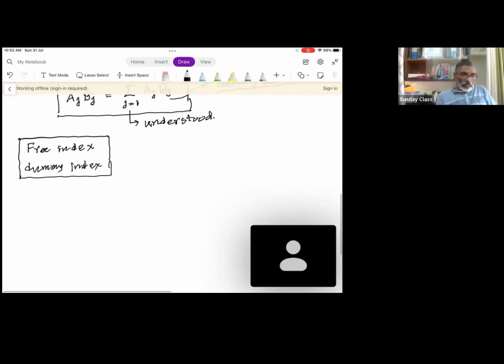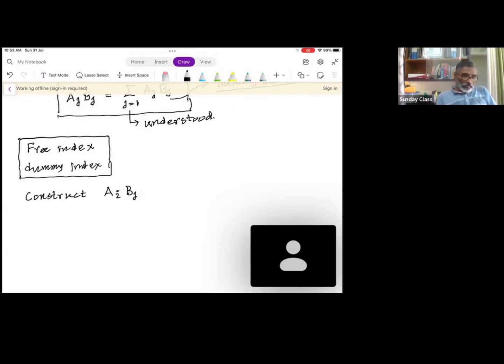Now, from what we have learned, we can construct quantities like this. Let's construct a quantity which is called A_i B_j.